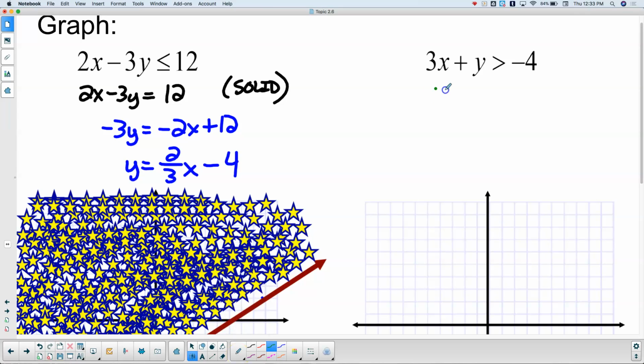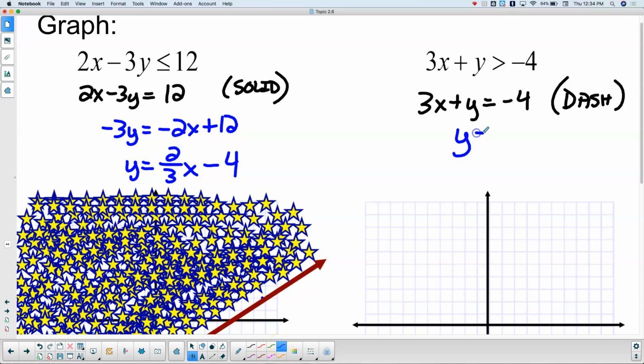So then this, I'm thinking, whoa, tap the brakes. I'm thinking 3x plus y equals negative 4, but this time it's going to be a dashed line. And so then that's going to be y equals negative 3x minus 4.